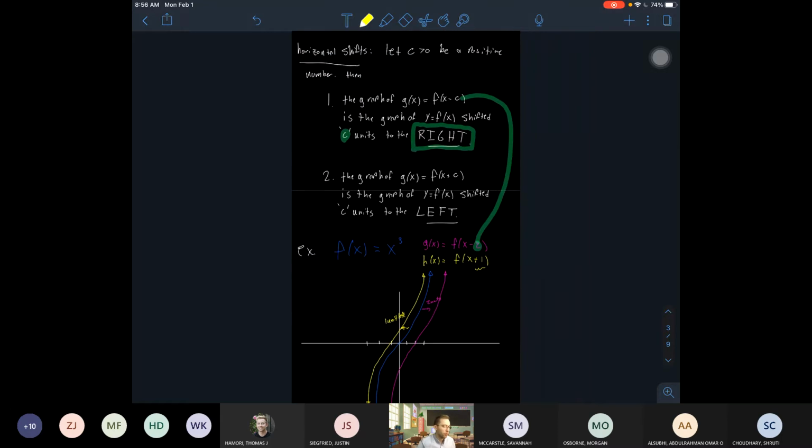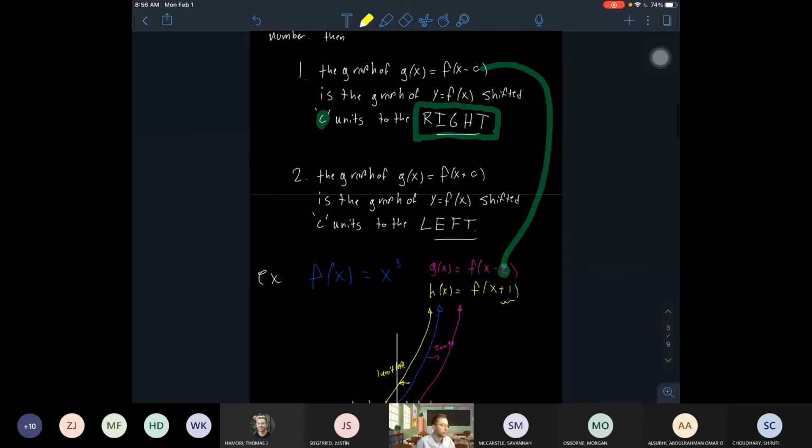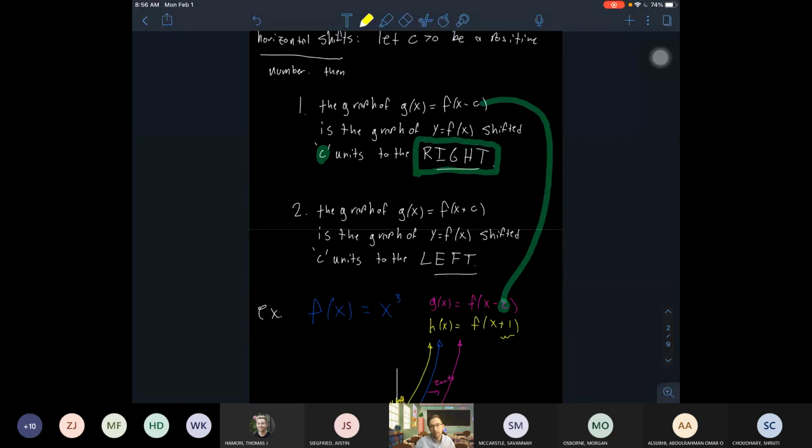Let me pause before I move on and talk about something a little bit more complicated and ask, are there questions about how we apply these vertical shifts and horizontal shifts? It's a little bit confusing that the horizontal one kind of seems wrong.